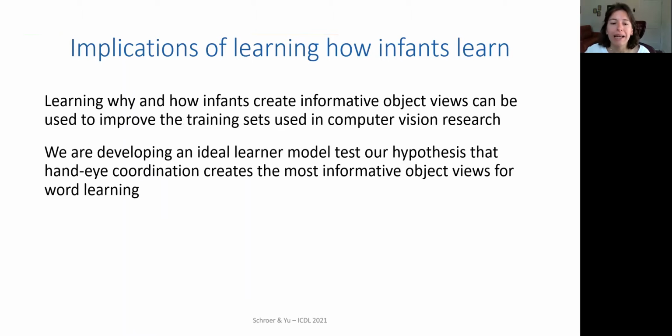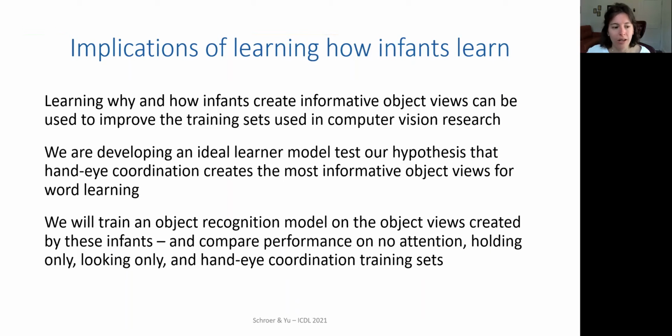So we're also developing an ideal learner model to test our hypothesis that hand-eye coordination creates this most informative object view. So we're training an object recognition model on the object views created by these infants, and we're comparing the performance when the training set is just frames of no attention versus holding only, looking only, and just hand-eye coordination.